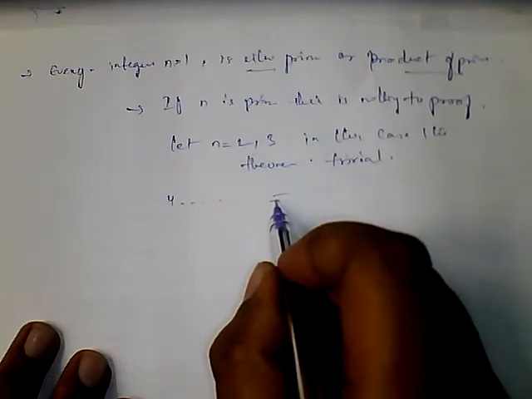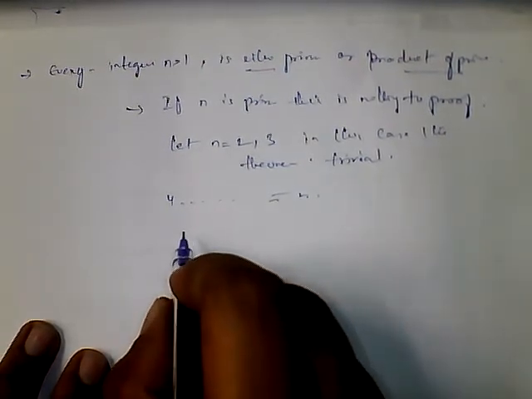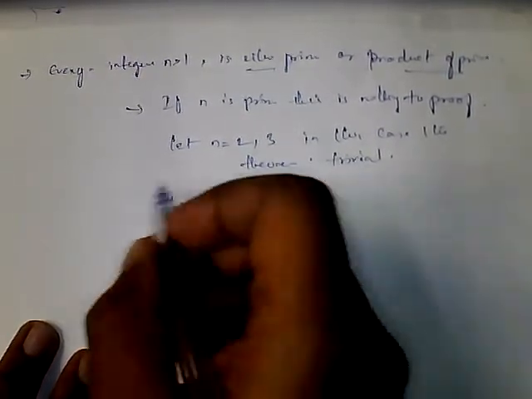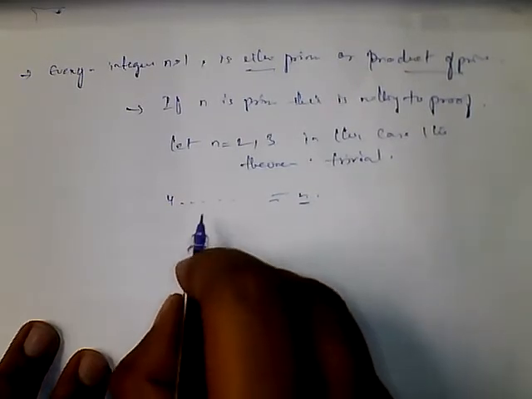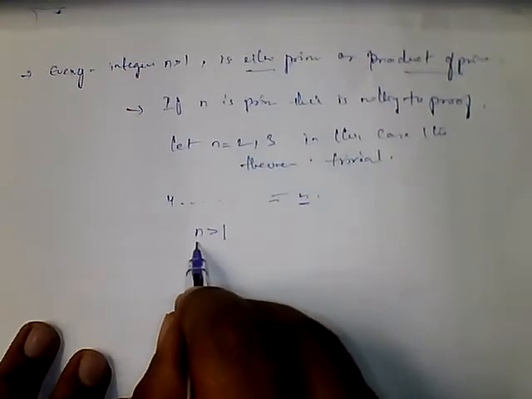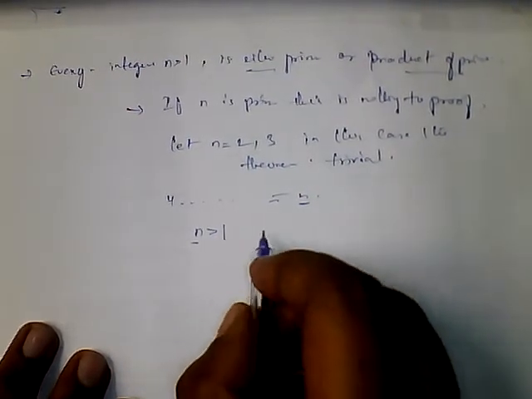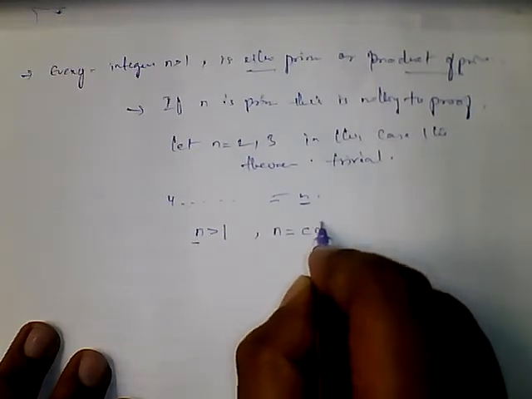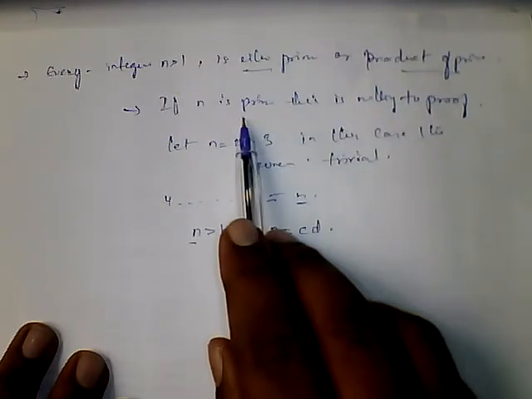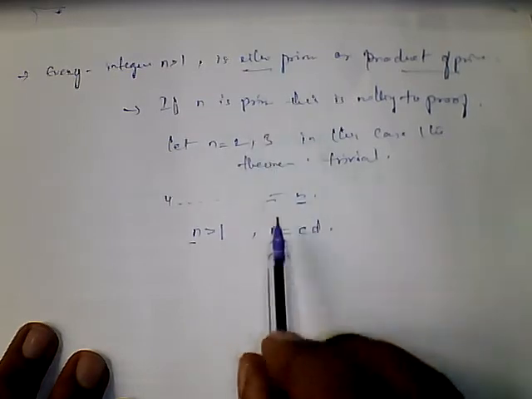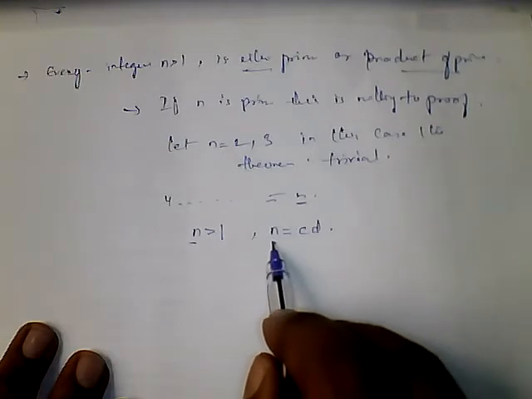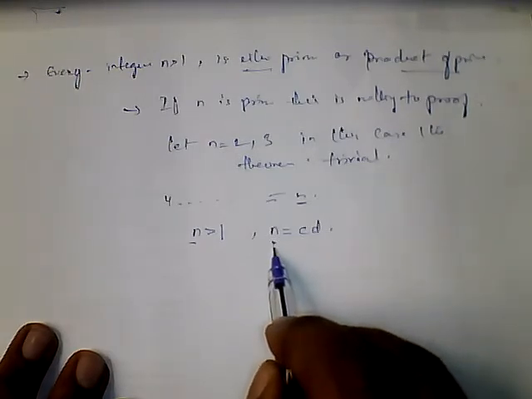Now we are proving for n, some random number that we are selecting, greater than 2 and 3. So this n could be represented in the form n equal to CD. Because we know it is not prime, as the prime case is trivial, we are considering that this number is composite, so we can represent n in the form of C and D.